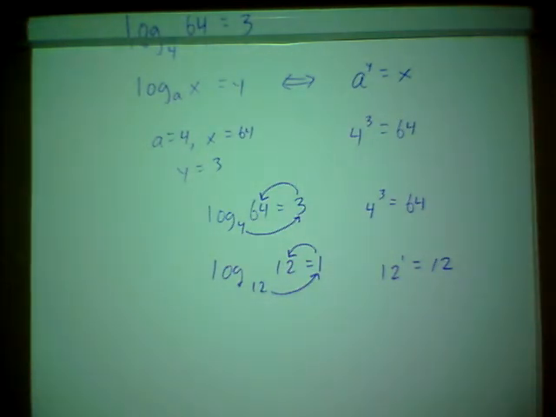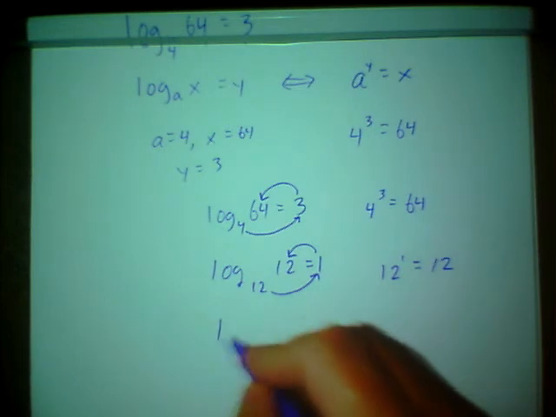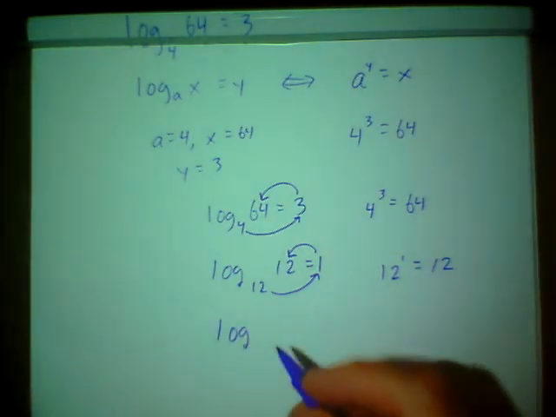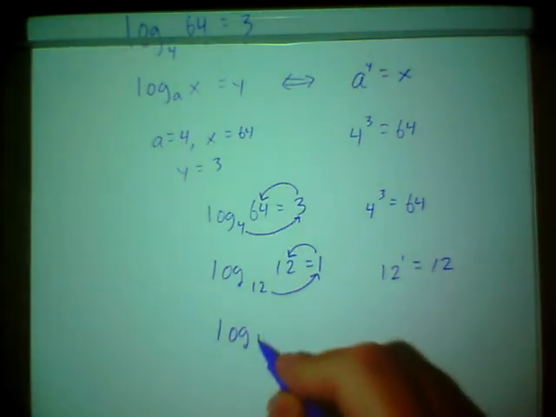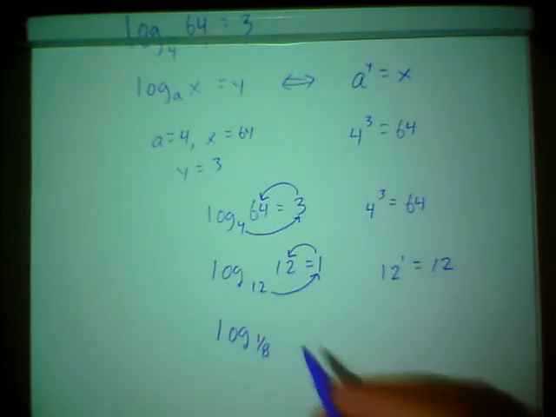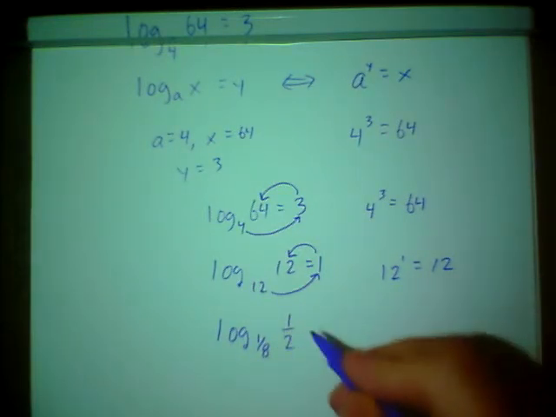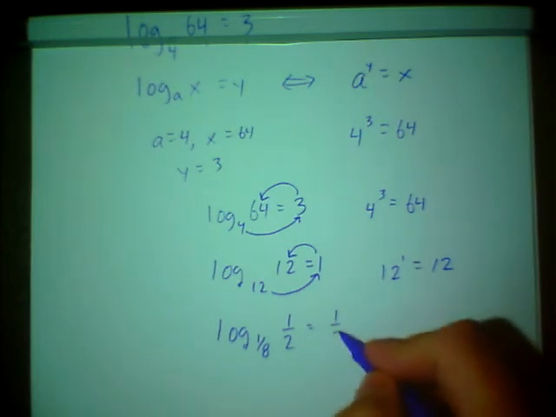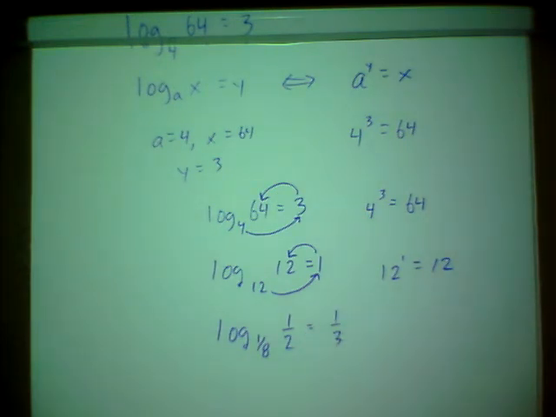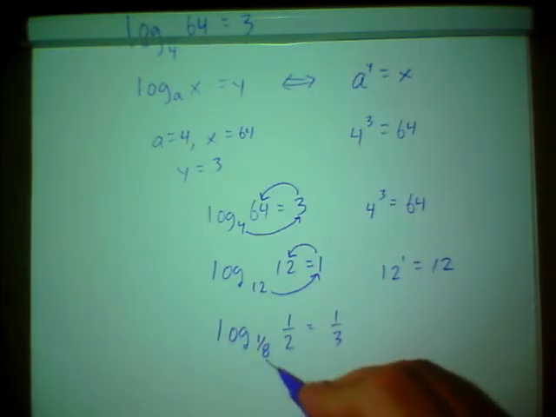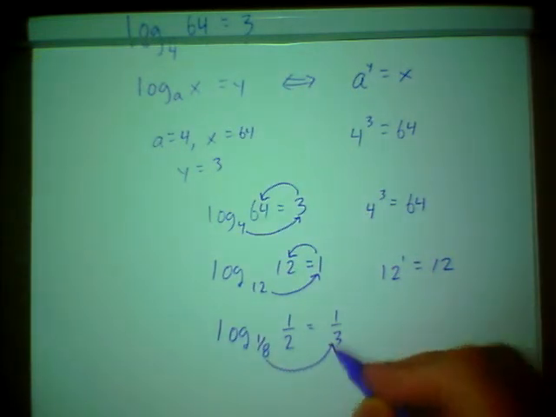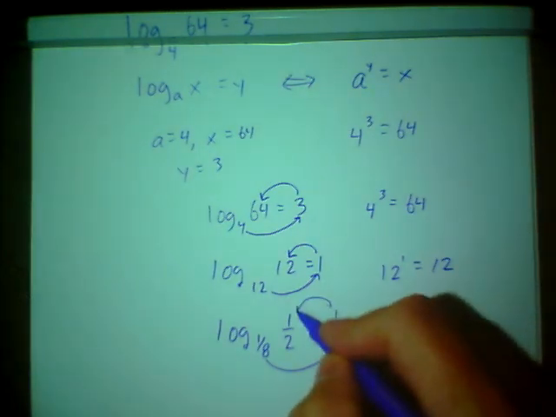Let's do one more, see if I can get one a little trickier. This one's got some fractions. Log base 1/8 of 1/2 equals 1/3. I'm using my shortcut. Start with the base, and counterclockwise over here, and end up back at the 1/2.